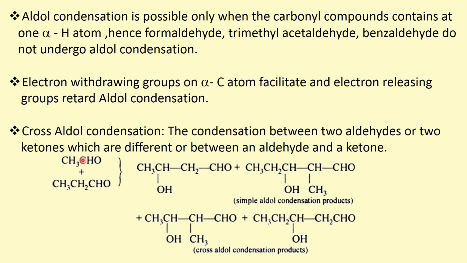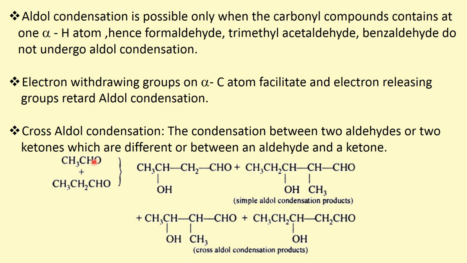So, when the aldol condensation takes place between two acetaldehyde molecules, you will get this product. That means the carbanion of one aldehyde molecule attaches to the other molecule. If the aldol condensation takes place between these two propanaldehyde molecules, you will get this product.